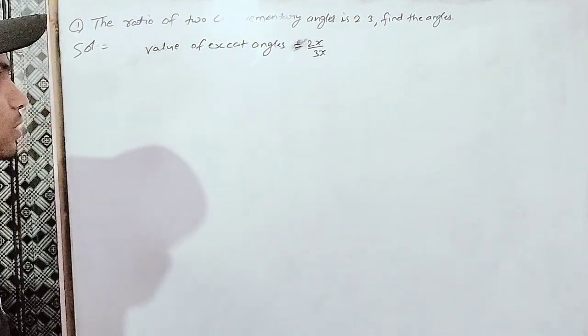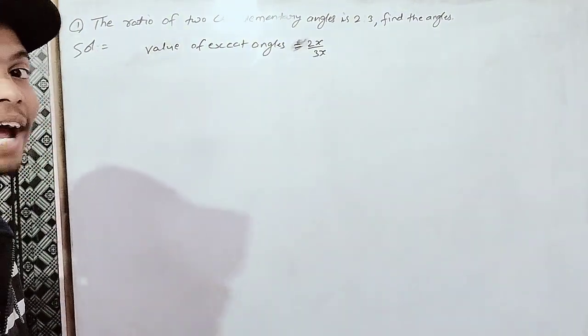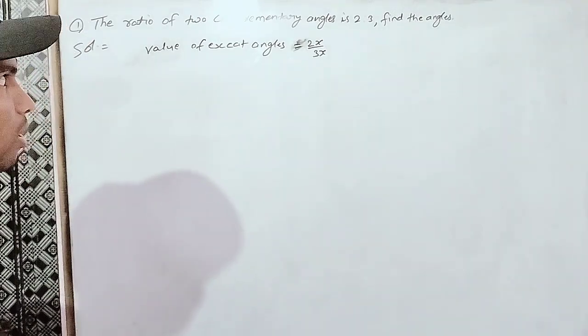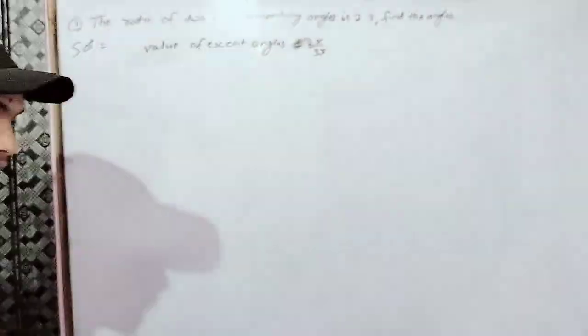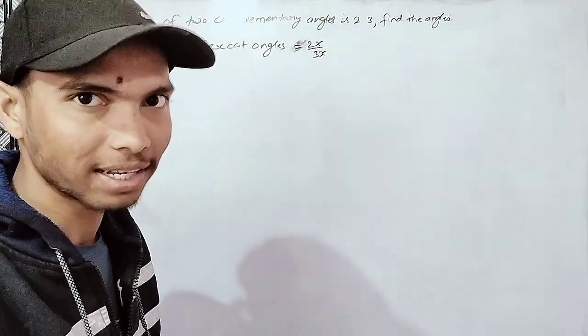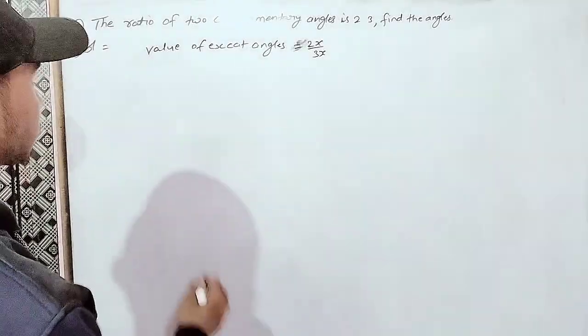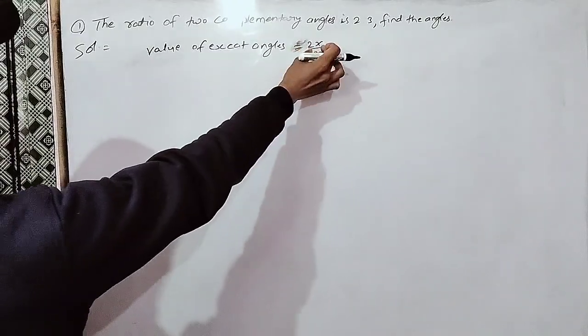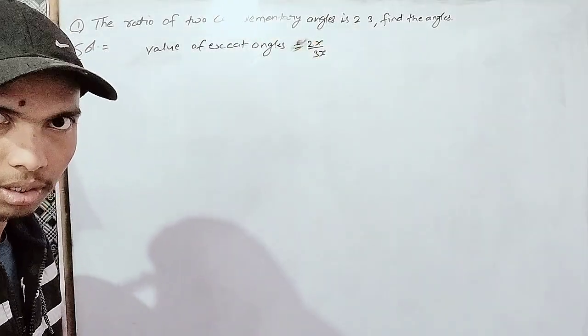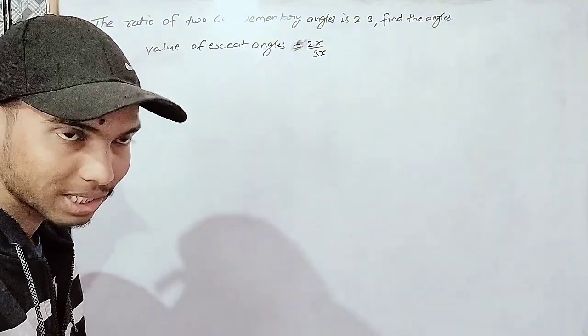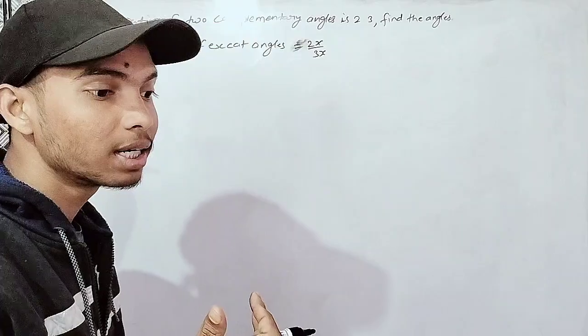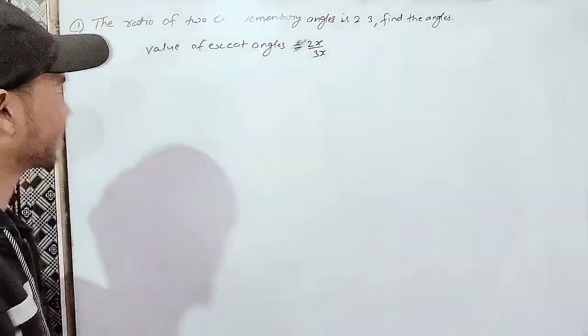This is what we have to find out, the value of x. So the first angle is 2x, and the value of the second angle is 3x.